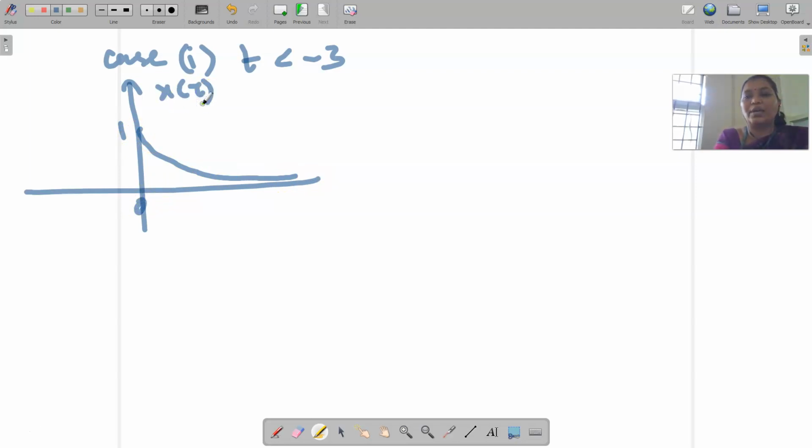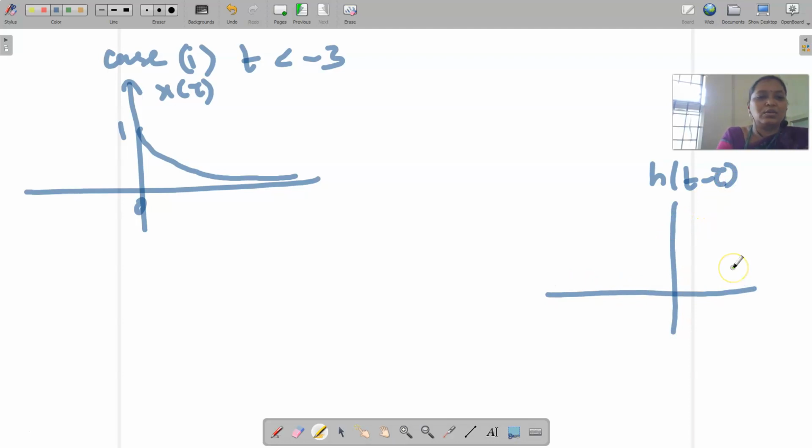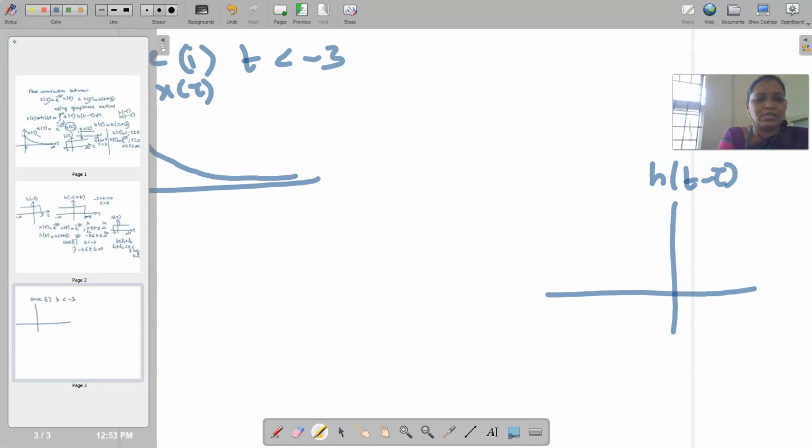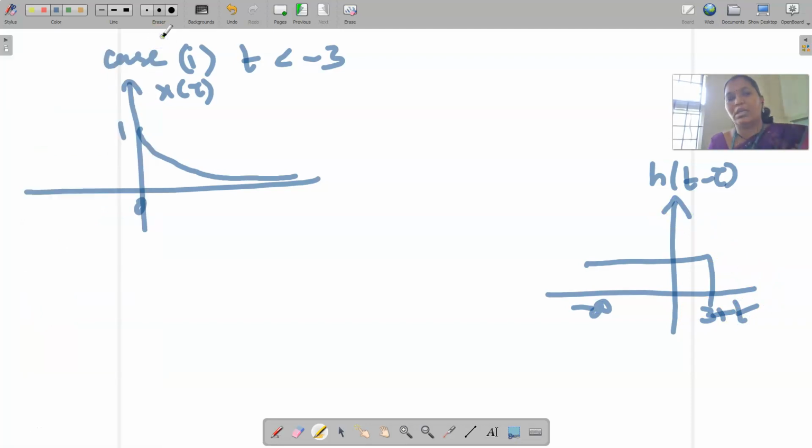Next you need to find out what is h of t minus tau for this case. Previously we determined the general form: it is minus infinity to 3 plus t. This is your h of minus tau plus t. Now t lesser than minus 3: take any value lesser than minus 3.